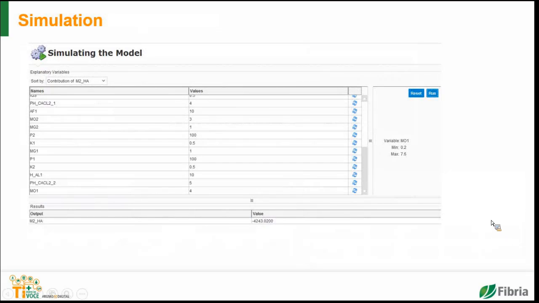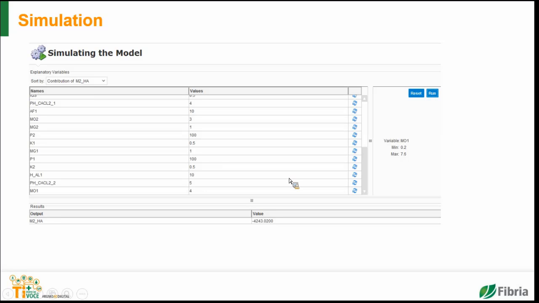So this is the part that I said before, the simulation. You can simulate, running this model that was created with the historical data, in other cases that you can create. So I can put the variables that I have, the first part at the top.